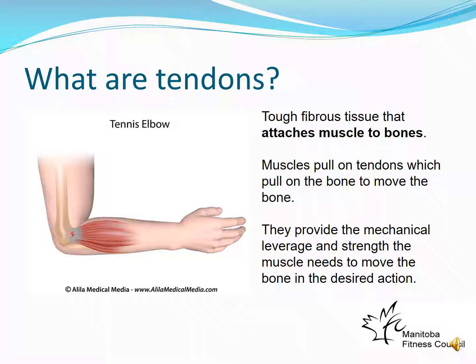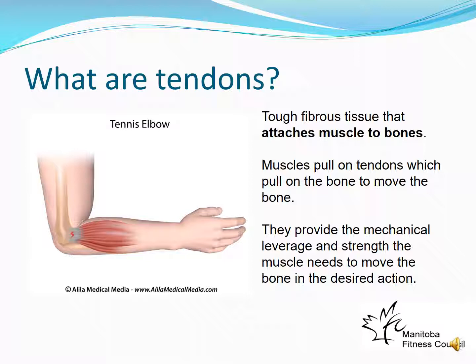However, a tendon will attach a bone to a muscle. So on here, you see the bone, and then you see where it's a little bit of white, the lighter color, and then you see the red of the muscle. That is your tendon. So tendons attach bone to muscle. Tendons also are unable to shorten and contract.